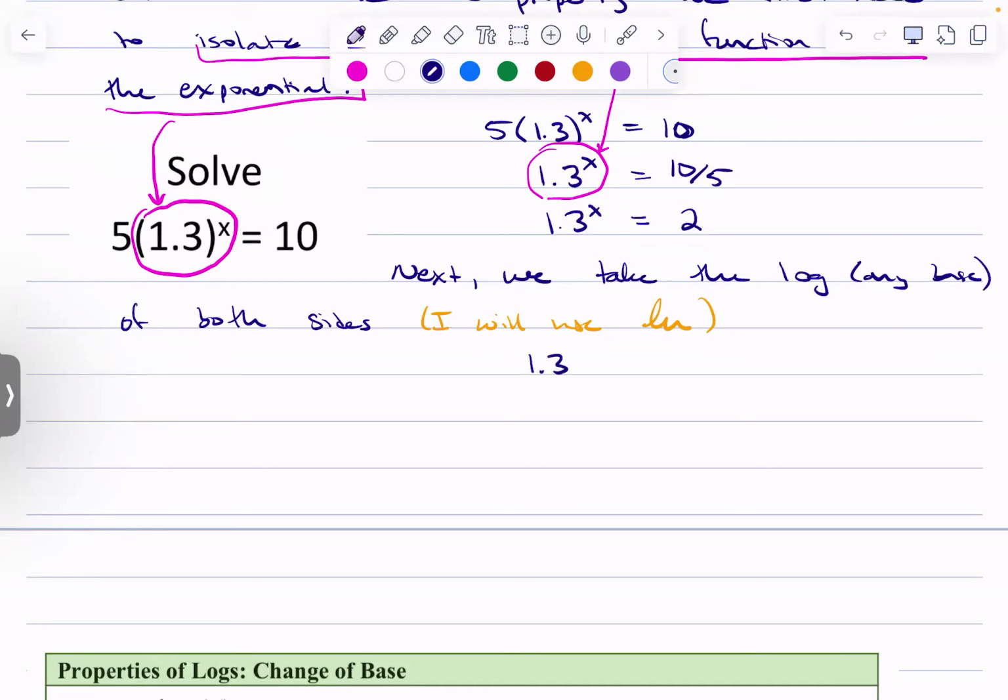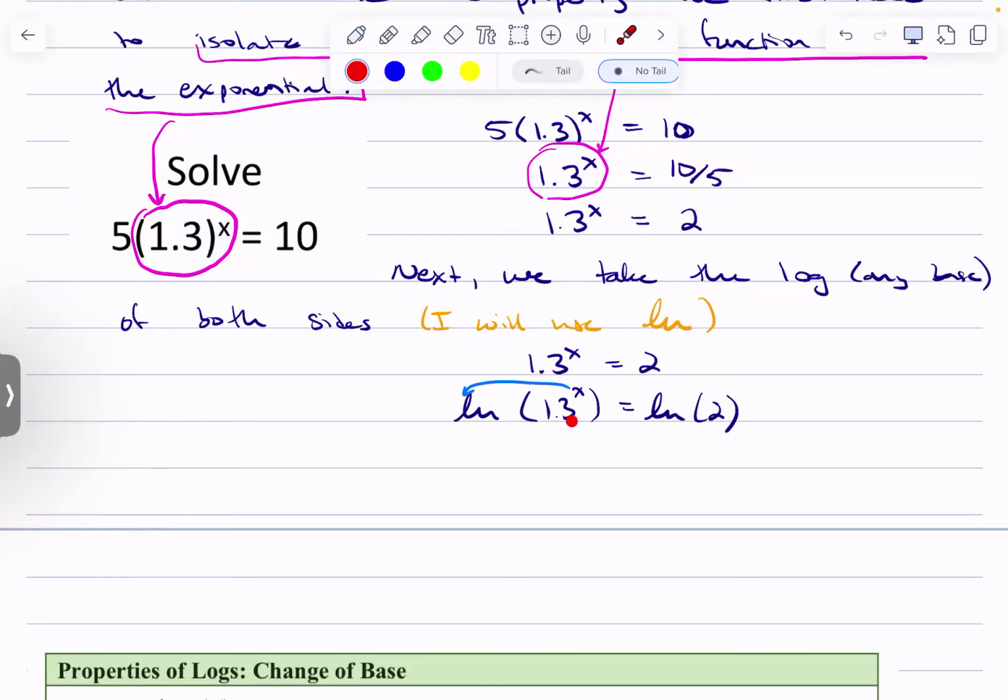So I have 1.3 to the x is equal to 2, kind of picking up from above here. Now if I take the log of both sides, I have the log of 1.3 to the x is the log of 2. The reason I did that is so that I can leverage this property that I can rewrite the log of 1.3 to the x as x times the log of 1.3.